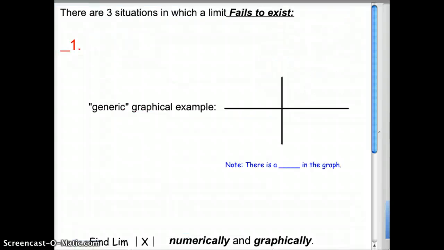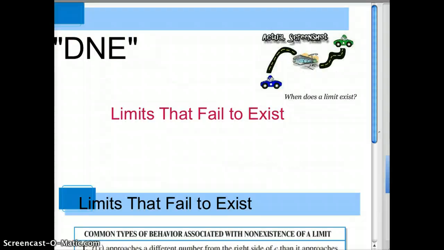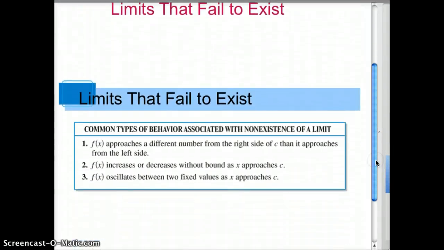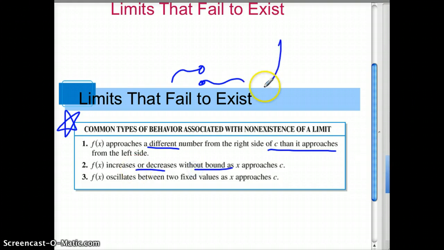I didn't star anything in this section, but right here at the bottom, you should know when a limit fails to exist. So you might want to star that. If you approach a different number from the left than from the right, it fails to exist. If it increases or decreases without bound, goes to infinity or negative infinity or both, or it oscillates.